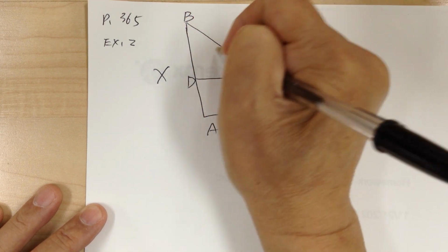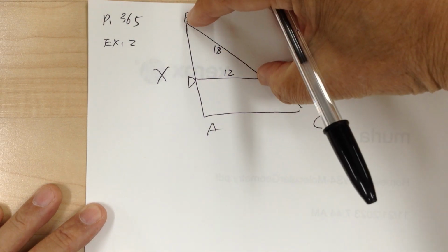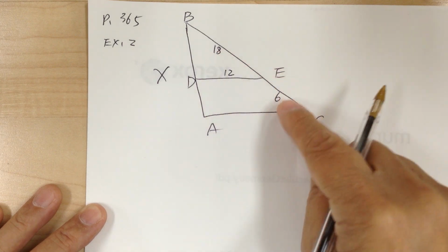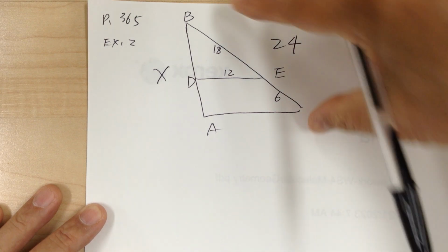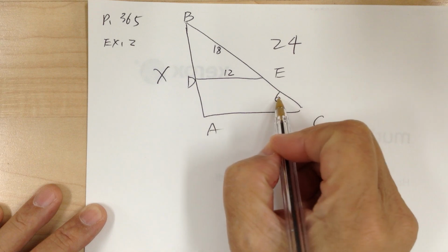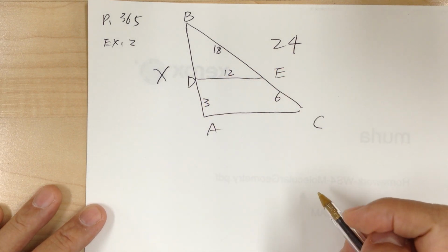Normally, I try to write the numbers on the inside. When the number is on the inside, it indicates that this is only for this part. So if I have 18 and 6, then the whole thing is 24. So the number on the outside represents the whole thing. If it's only for this part, I write it on the inside. So use that as your convention.